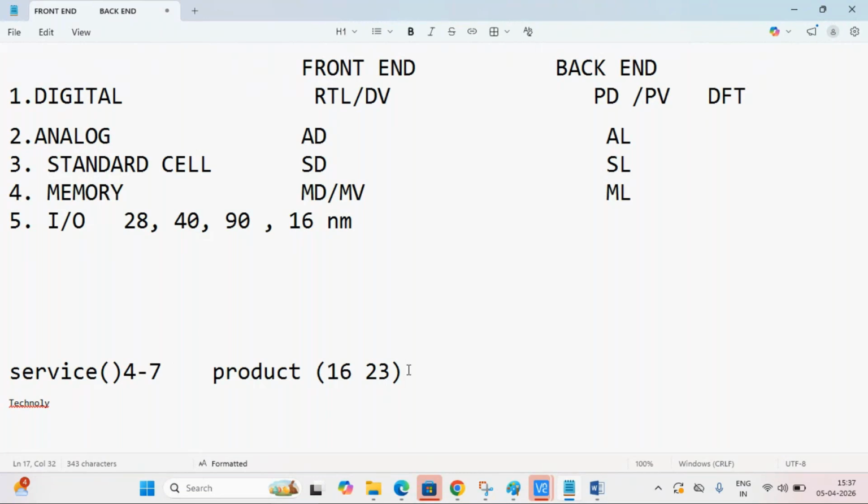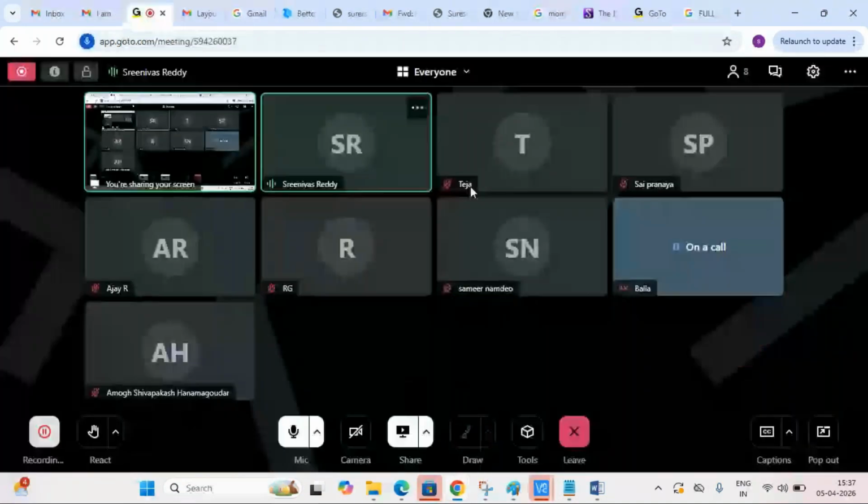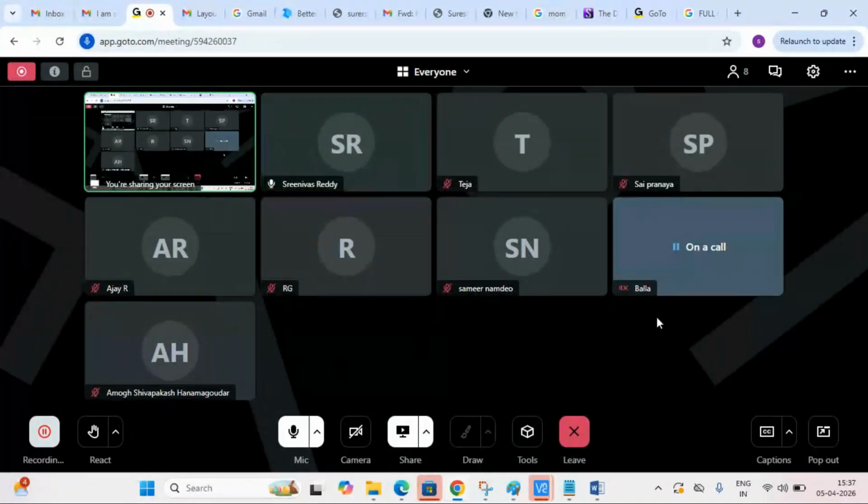That is also happening in the industry, so we should not worry that because there is a gap, I will not get a company.